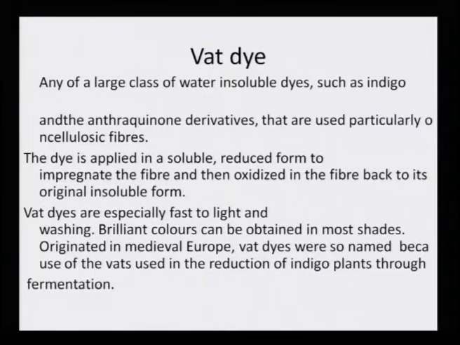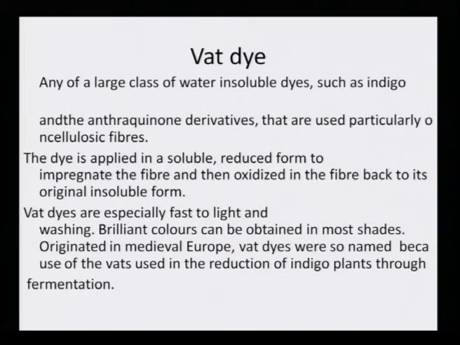But here is a dye under the class of Vat dye which is insoluble, but still it is applied, and it is a large class of dye being used in the industry. The dye is applied in a soluble reduced form to impregnate the fiber and then oxidizes in the fiber back to its original insoluble form.